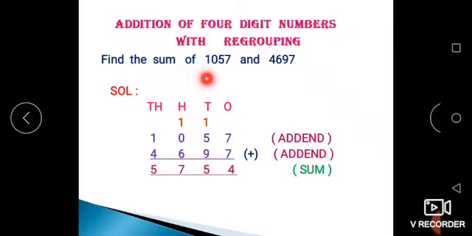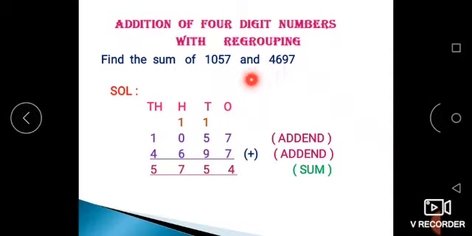Find the sum of 1057 and 4697. First we will arrange these numbers according to their place values. So 1 thousand, 0 hundreds, 5 tens and 7 ones.